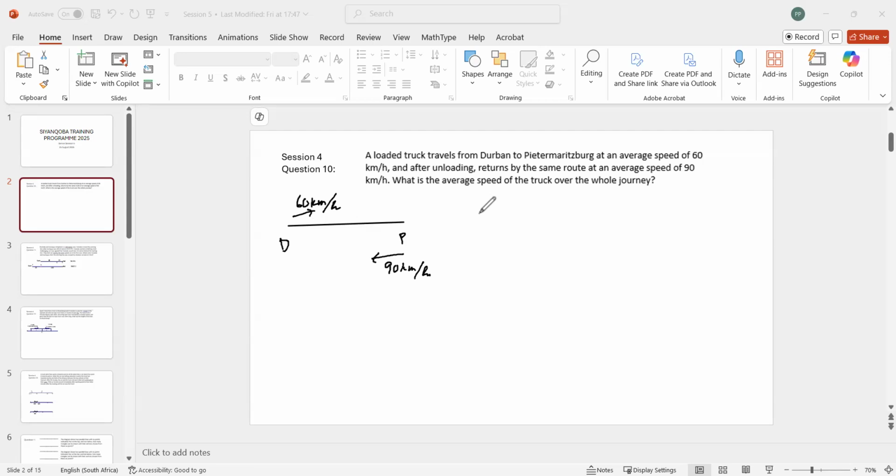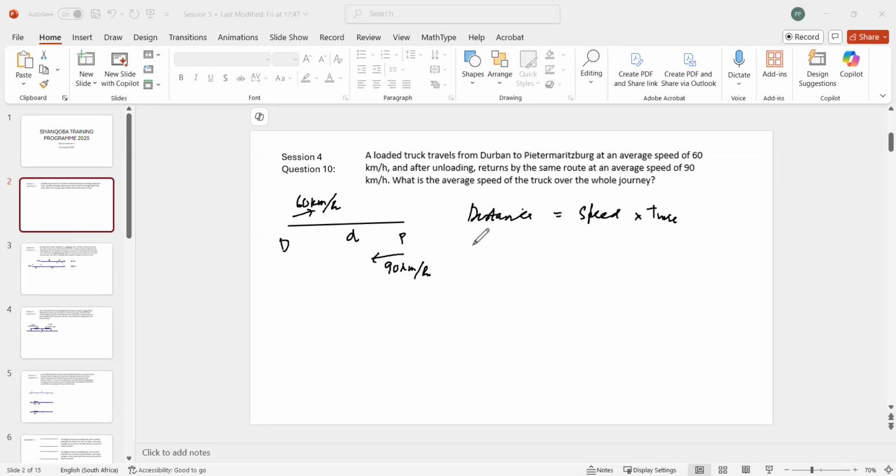So the basic equation is distance is equal to speed times time. So we don't have the distance here, we have the speed. So let's assume it's the same distance upwards and downwards.